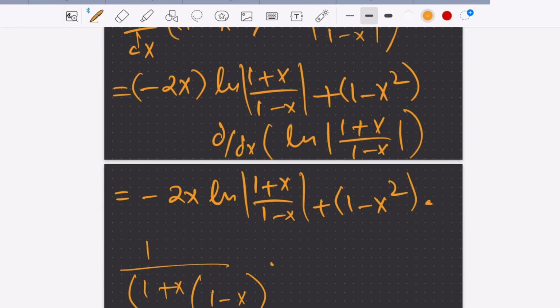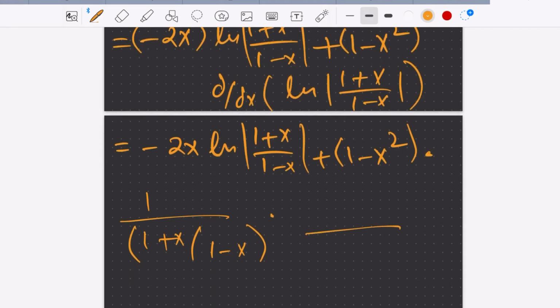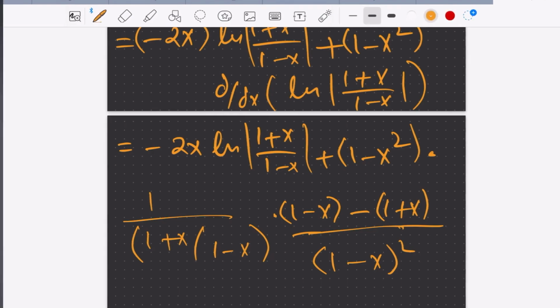For this I will use the quotient rule: 1 minus x square and 1 minus x, and the derivative of 1 plus x, which is 1, minus 1 plus x times the derivative of 1 minus x, which is minus 1.